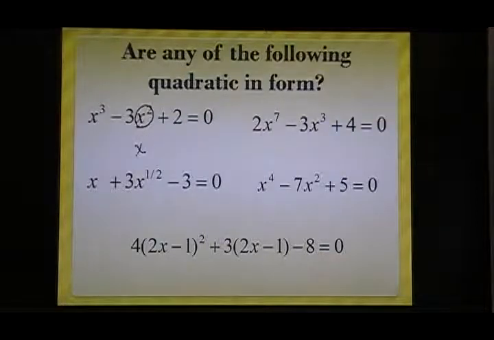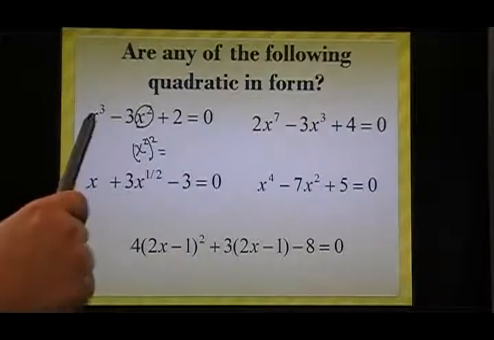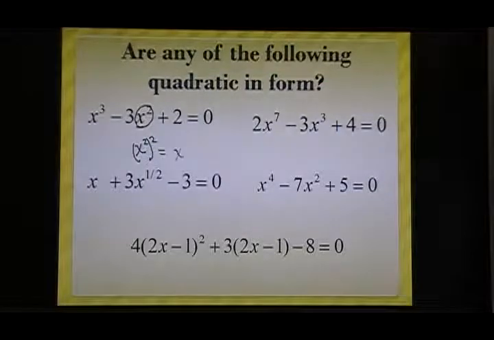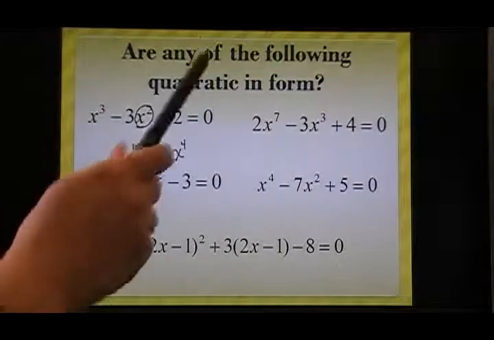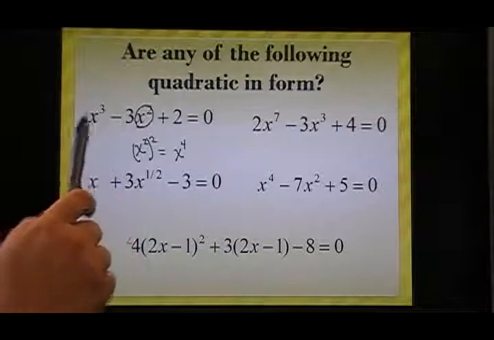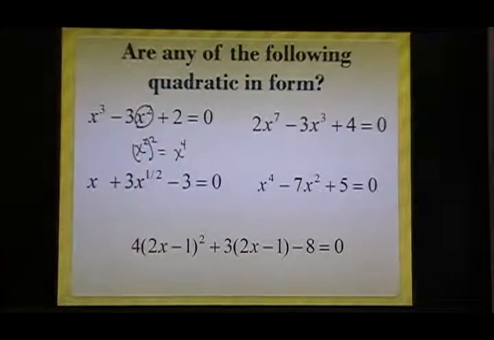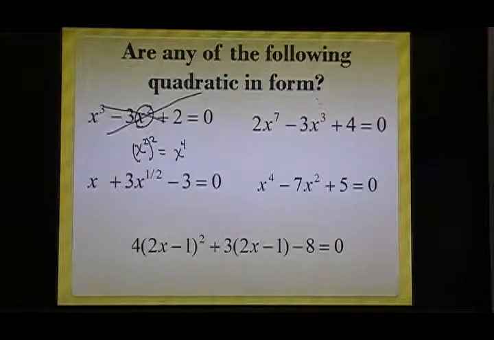If I square it, do I get the variable part of the first term, which is x to the third? The answer is no. This would have to be x to the fourth, so this is not quadratic in form.